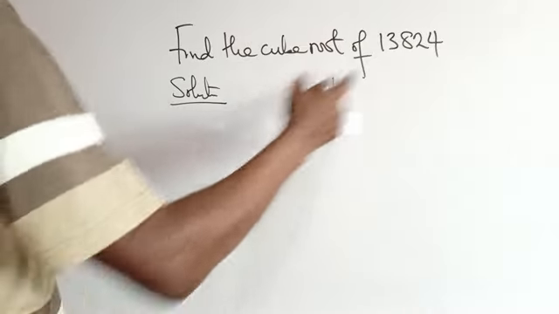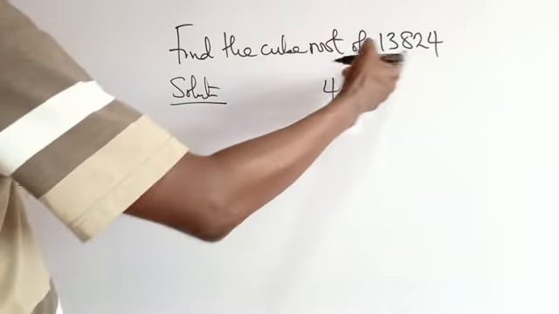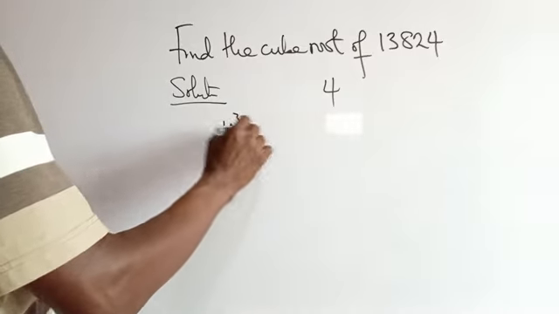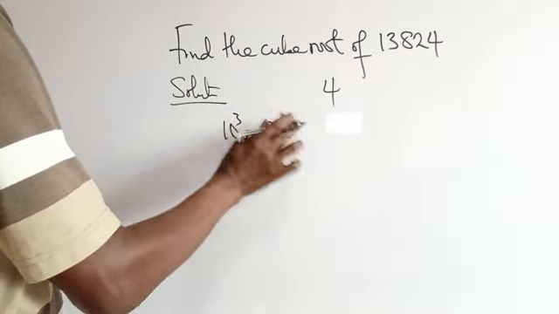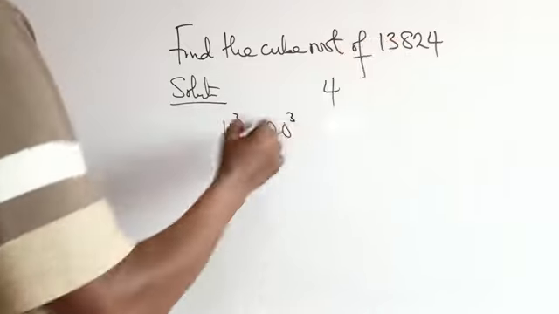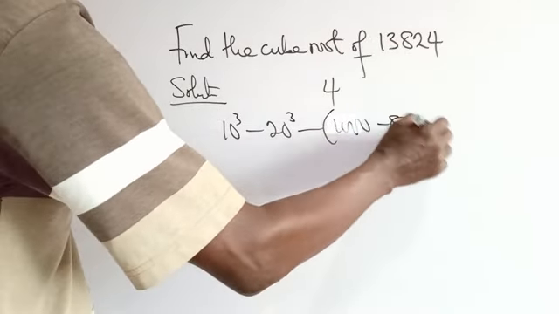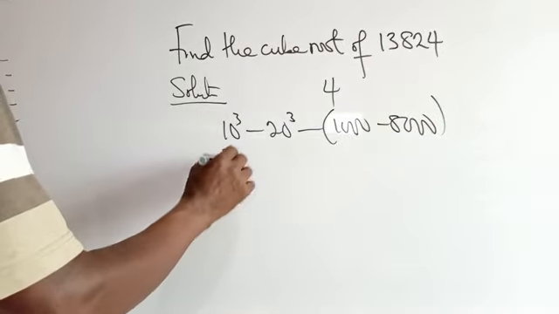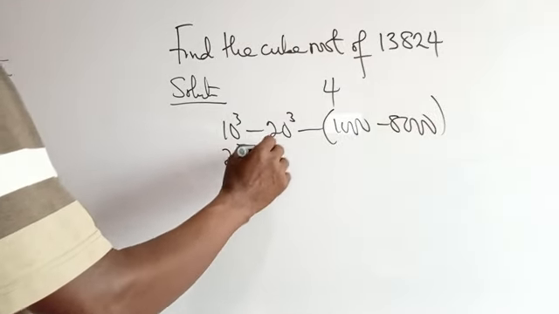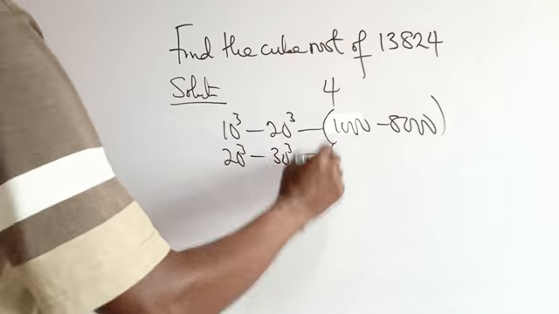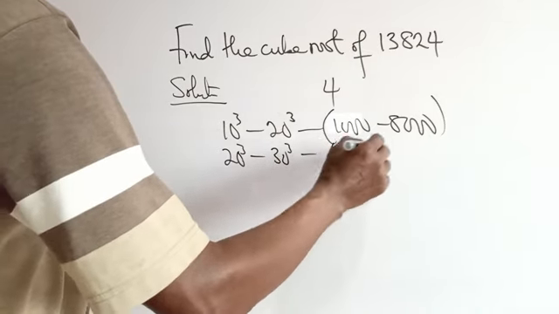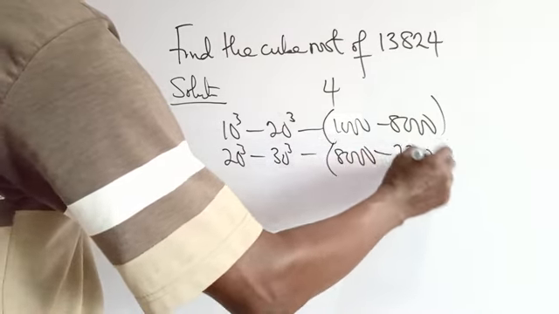Now let's check. This number doesn't fall between 1,000 and 8,000; the number is more than that. Is it between 20 cubed and 30 cubed, that is, 8,000 to 27,000?